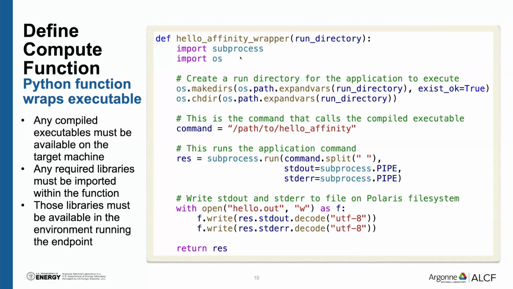So what you do in this case is you define your wrapper function. This is called Hello Affinity wrapper. And within this function, you'll use the Python subprocess module to launch the command.